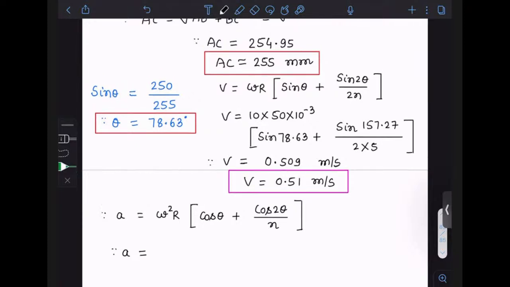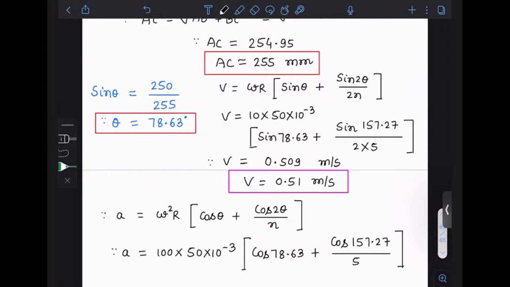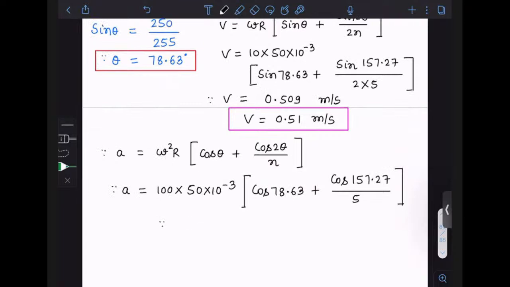The value of omega is 10, means it is 100, times 50 into 10 to the power minus 3. N is 5. Tell me what is the right answer here?